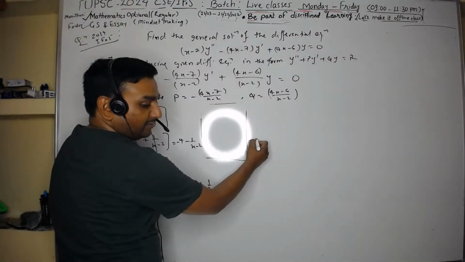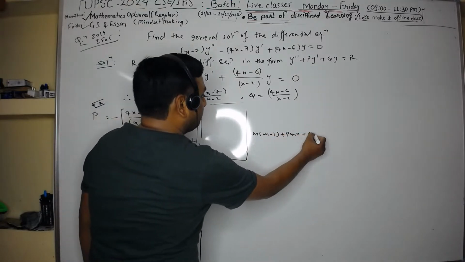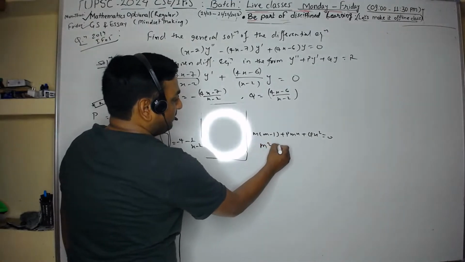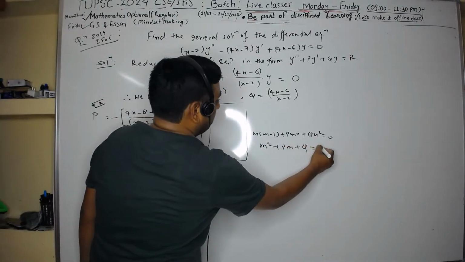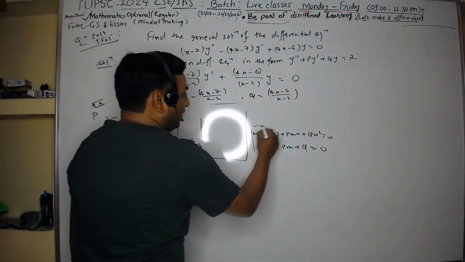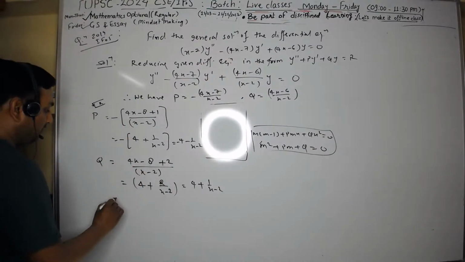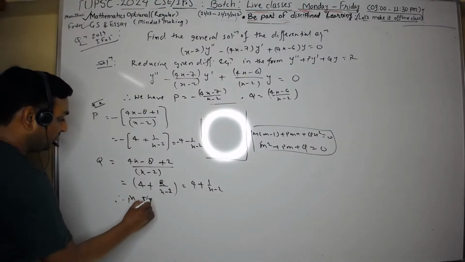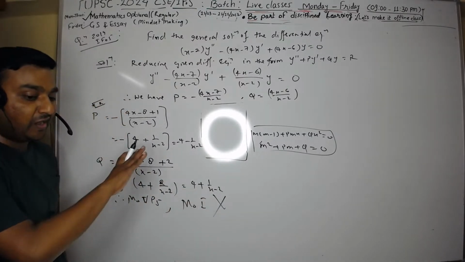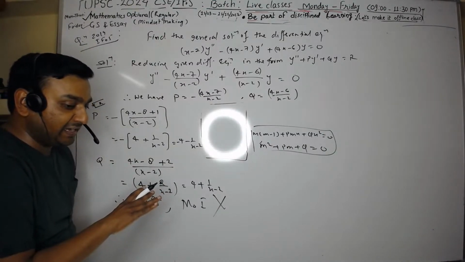Tell me. m minus 1 plus p m x plus q x square equals to 0, and m square plus p m plus q equals to 0. Exponential and polynomial. So neither of the forms can be satisfied here. So method of variation of parameters and method of inspection are not working here. Am I clear or not?